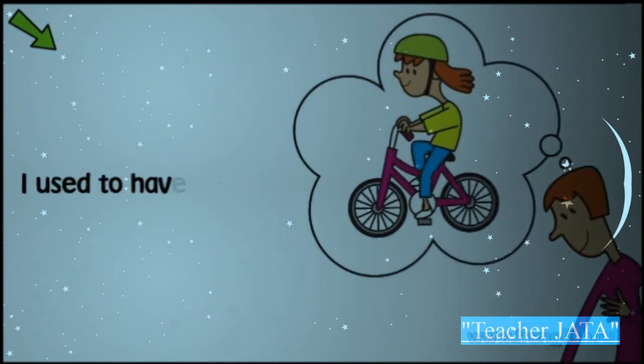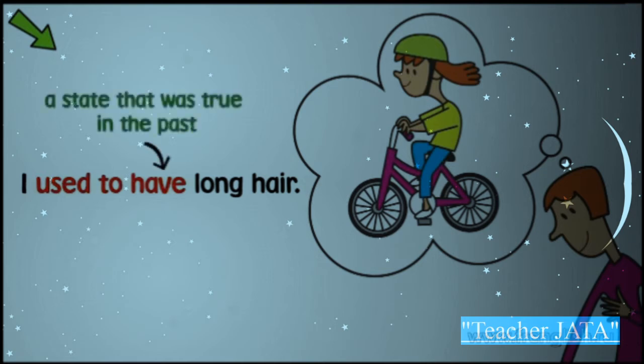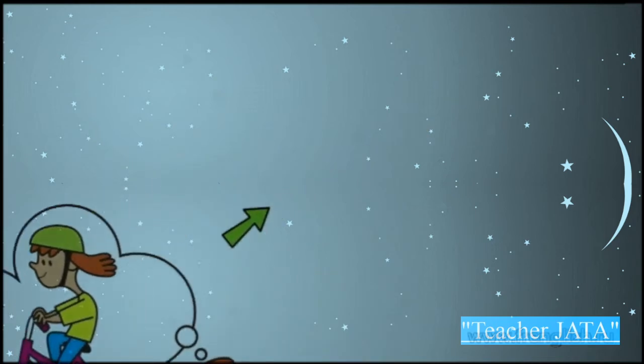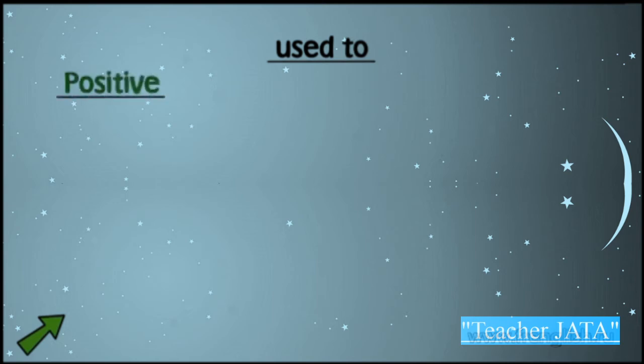I used to have long hair. We also use used to talk about a state that was true in the past but isn't true now. We form positive sentences like this.